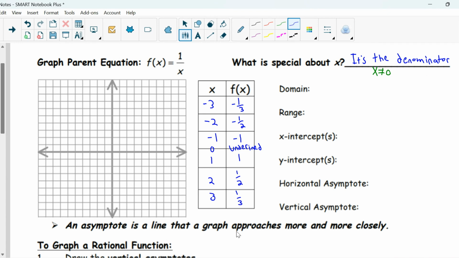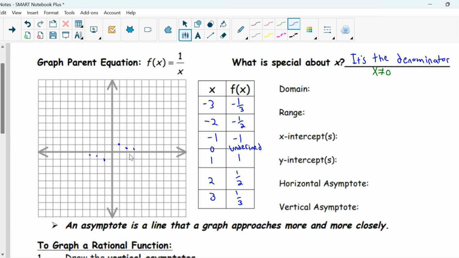So if we were to graph these points on our graph, we would have -3, -1/3, -2, -1/2, -1, -1. And over here, we would have 1 and 1, 2 and 1/2, 3 and 1/3.